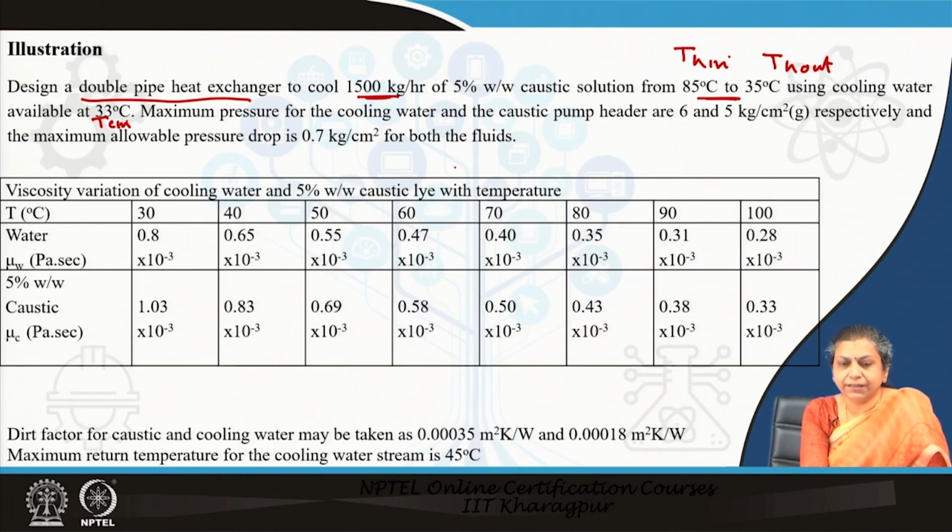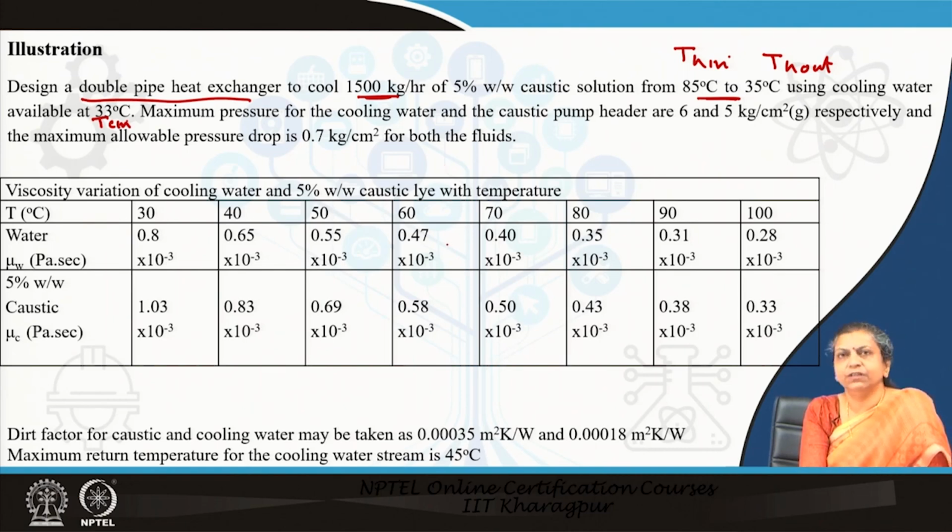So, after the design, you are supposed to find out the pressure drop on the outer pipe, or rather the pressure drop incurred by the fluid flowing through the annular area, which by convention is known as the outer fluid, and the pressure drop incurred by the fluid which is flowing through the inner pipe.